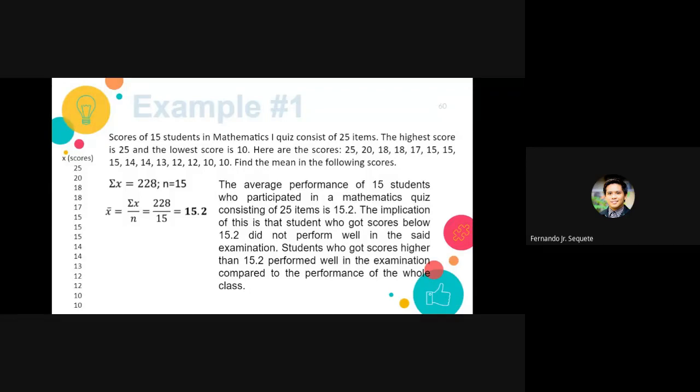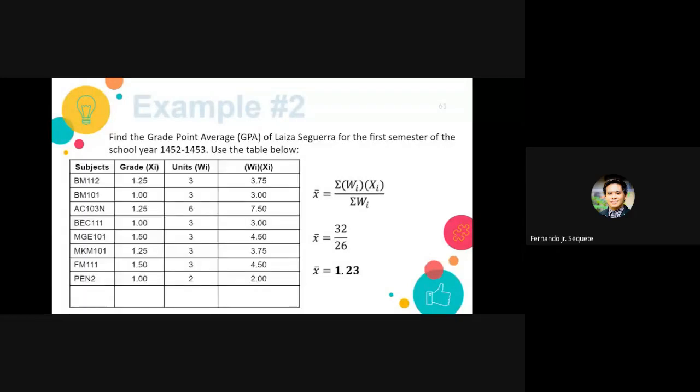Please do so. And then, of course, I had another example here. I gave this example for us to use the second formula for ungrouped data. Please try to observe because later on we will be comparing the data, how it is presented, because here we will know if the data is grouped or ungrouped.